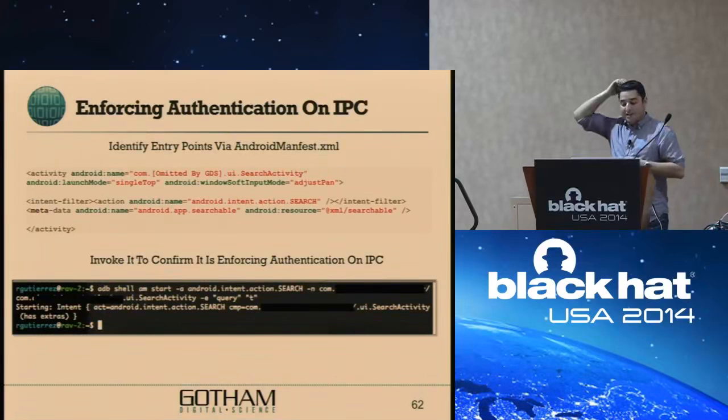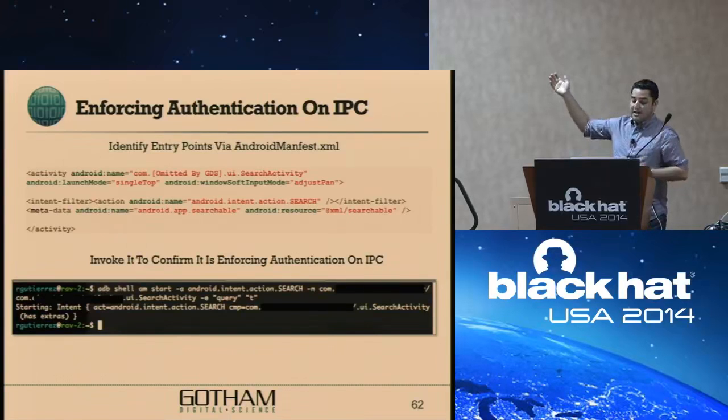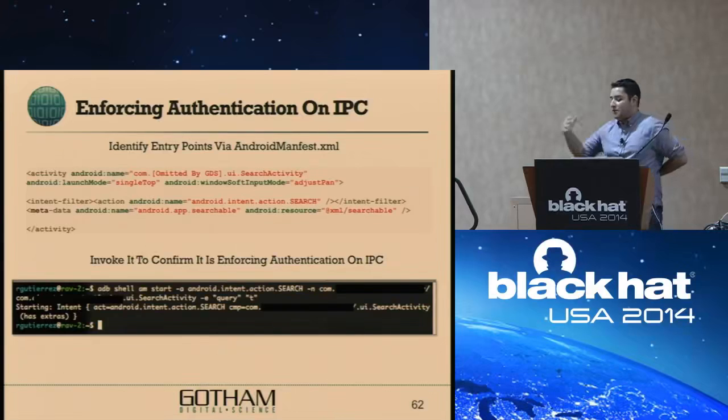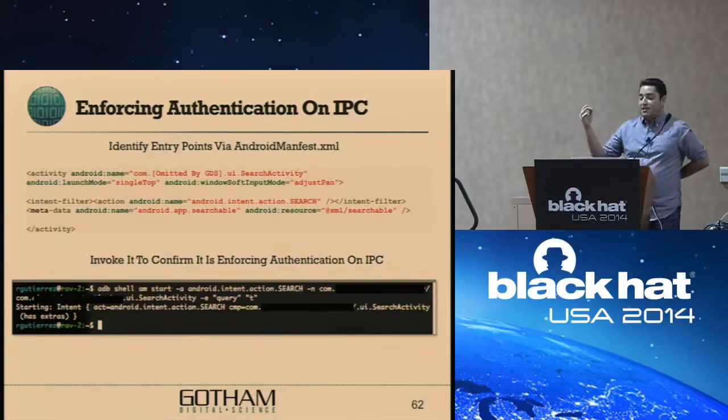So here's an interesting attack dealing with the unencrypted file names. We looked at an Android manifest and found an activity that was exposed. If you're not enforcing authentication on every single activity, it can pretty much be brute forced, so I can hit that activity and not actually authenticate.